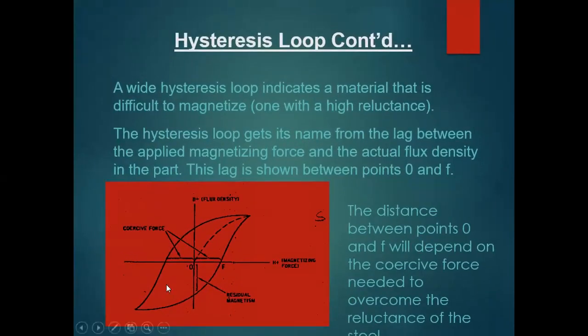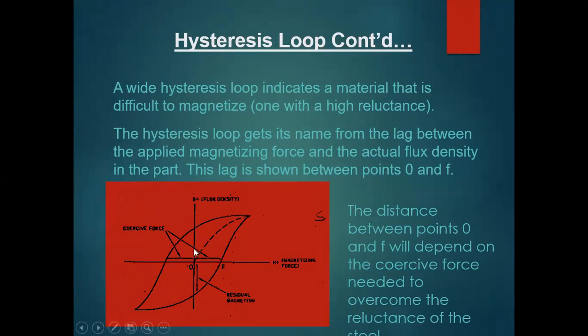Now look here, this is a lower saturation point. Lower saturation point means this material is hard, meaning low permeability. Here the residual magnetic field is high, and if this field is high, then the reverse magnetizing force required is high. Coercive force means the reverse magnetizing force necessary to remove this residual magnetic field.